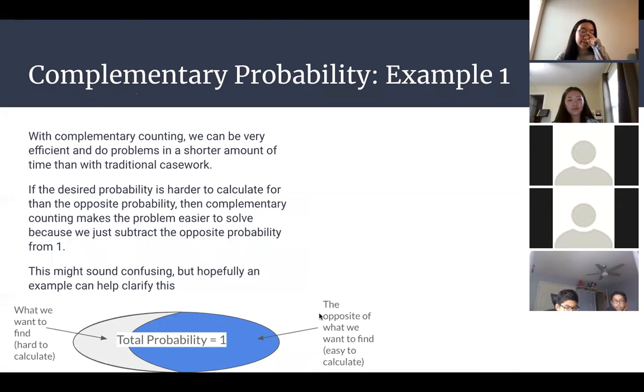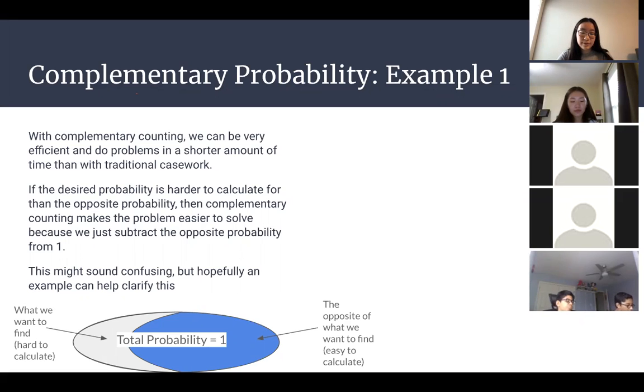Okay, so now we're going to go back over complementary probability. Don't worry, we are going to do some new things today, but I think it is good to review what we've done before. Remember that with complementary probability, there are a lot of problems where you can be more efficient than just doing casework. It's basically the opposite of casework.